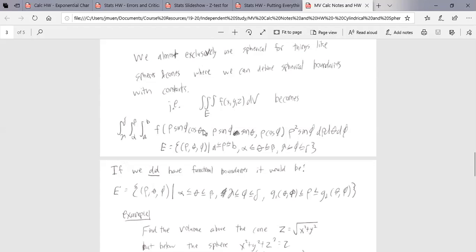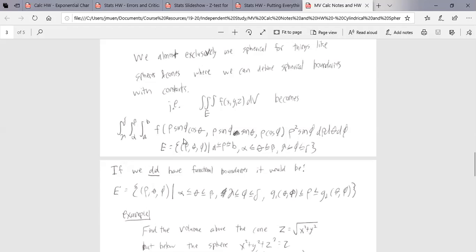Coming up with your boundaries will be one thing, but in the end, you're still just trying to say, okay, if I convert to spherical coordinates, what does this look like? If I'm supposed to be between two surfaces, what's the smaller surface, what's the larger surface? So if rho is supposed to be between two surfaces, which one is closer to the origin? Which one's further from the origin? There are your boundaries.